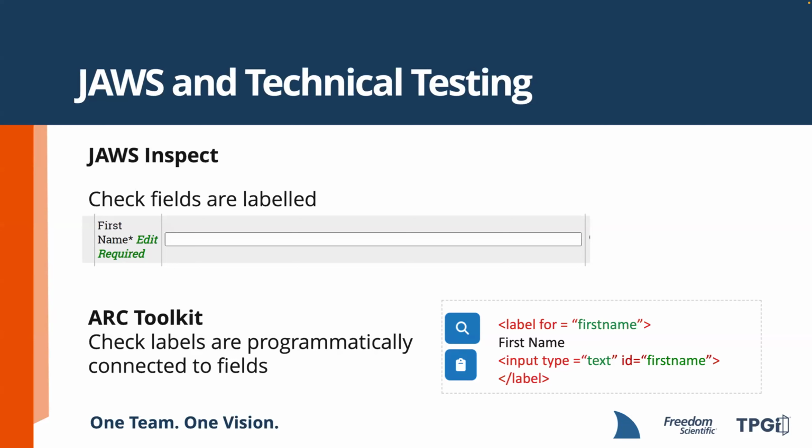So we can check whether this is added. And again, the tester with JAWS Inspect doesn't need to know what tags contributed to that. They just need to check and make sure that it's usable for the user. And then with the ARC Toolkit, you can check that everything is done from the perspective of the tags and the HTML.